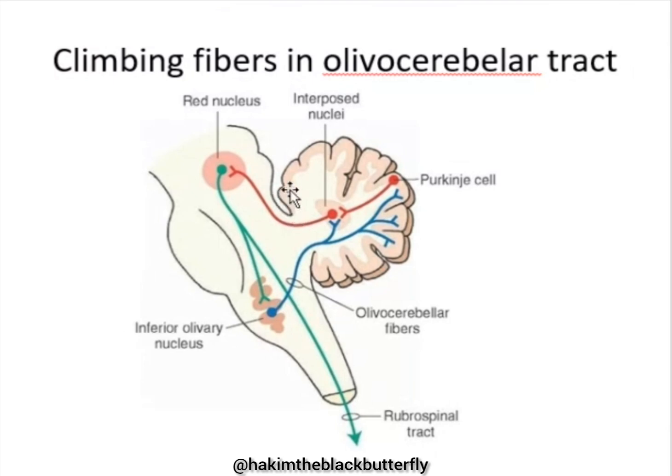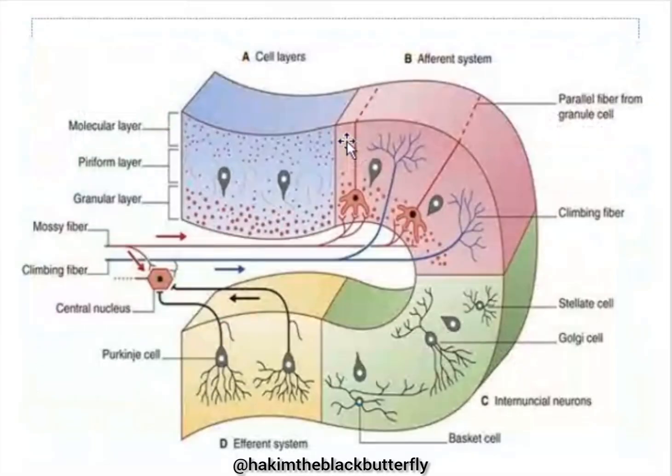I've said that this outer layer, the cerebellar cortex, can be further divided into 3 layers. You can see this is the cerebellar cortex only. It has the outer molecular layer, the middle Purkinje cell layer, and the inner granular layer. This inner granular layer is the one which is adjacent to the white matter.